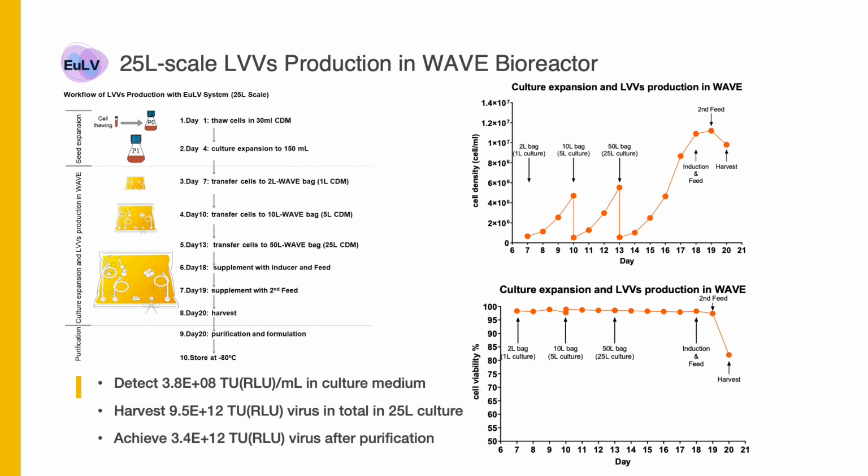Same as the 1 liter data, cell viability is controlled over 80% upon harvest. For the virus titer, we detected 3.8 to the power of 8 TU per mil in the culture medium, and 9.5 to the power of 12 TU before harvest, and 3.4 to the power of 12 after purification.